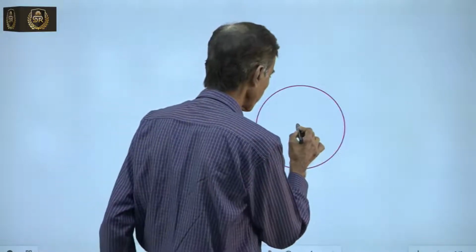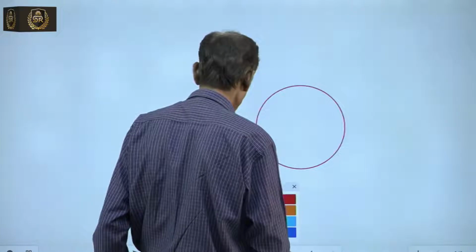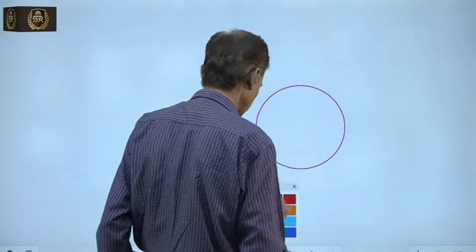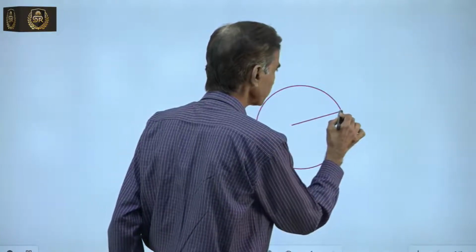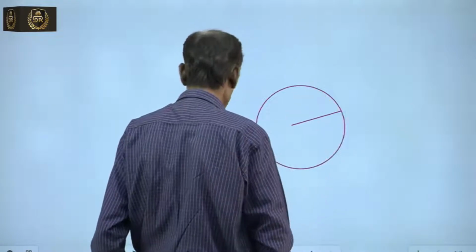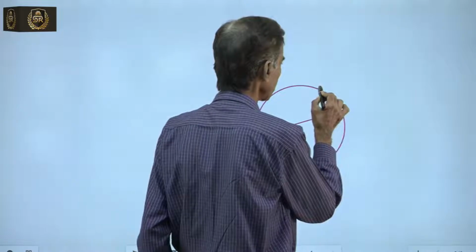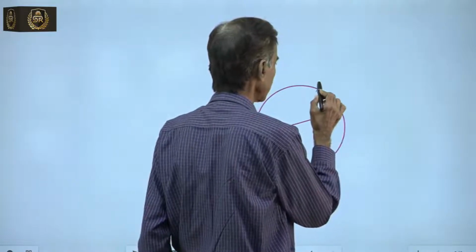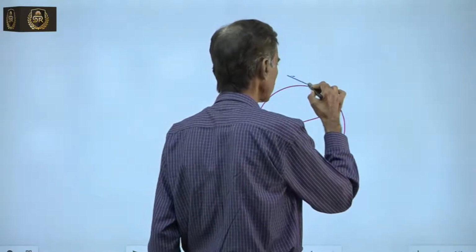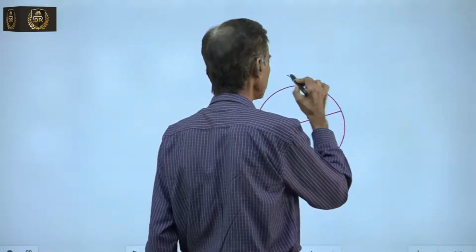So this is our radius. Now, where is our current element? This is our current element. So what is the direction of this current element? Tangent. This is the direction, isn't it?